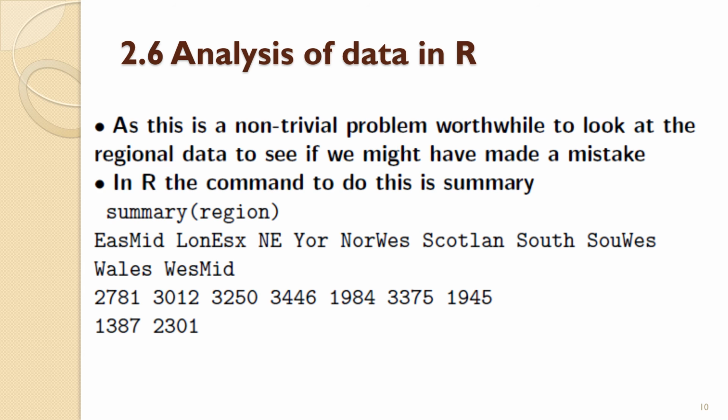The cross-check here is just to make sure that if you summarize this variable once it's been expressed as a factor, what you get is a list of the labels and a count of how many times each of those labels occurs. So there's no obvious indication from this point that we've made a mistake. It's possible that if you did this simple step, you might see that you've made a mistake somewhere, and this need for continual checking and cross-checking is really important for econometrics and for finance and accounting more generally.